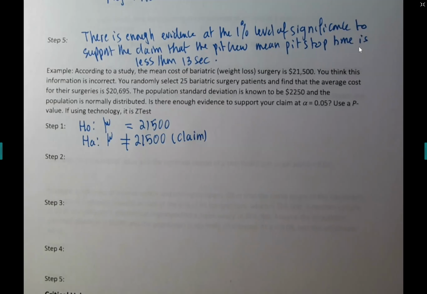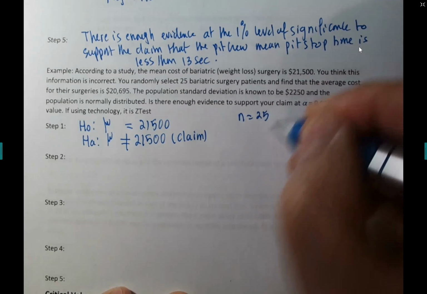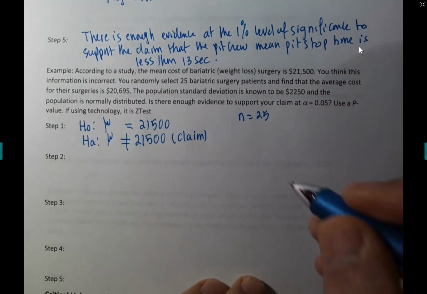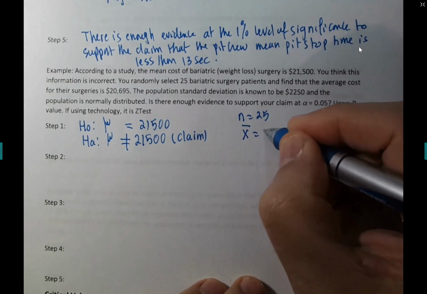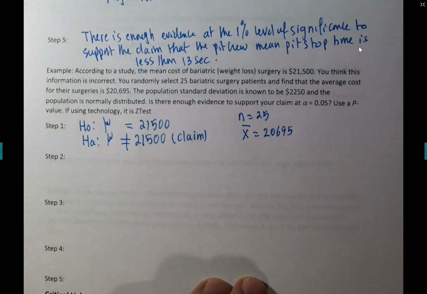You randomly select 25 bariatric surgery patients. So n is 25. And find that the average cost of their surgery is 20,695. That's the mean from the sample. The population standard deviation, guys, he makes it clear that this is a population standard deviation sigma.